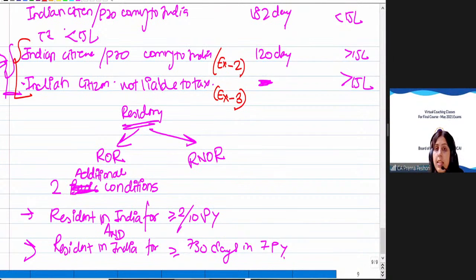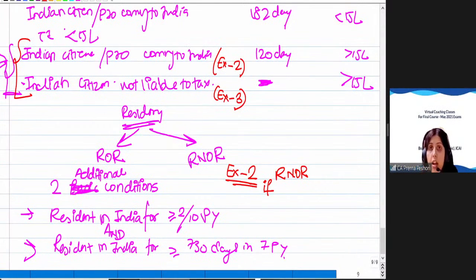Now exception 2 will be considered as resident and not ordinary resident if his stay in India is for more than 120 days but less than 182 days.